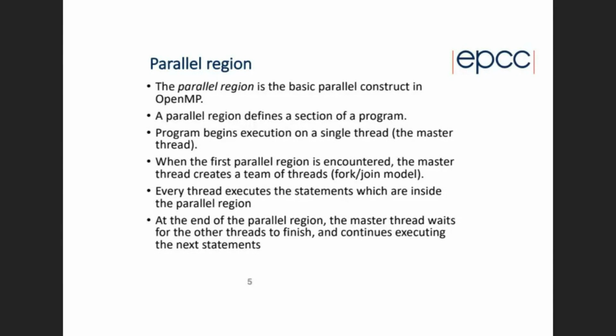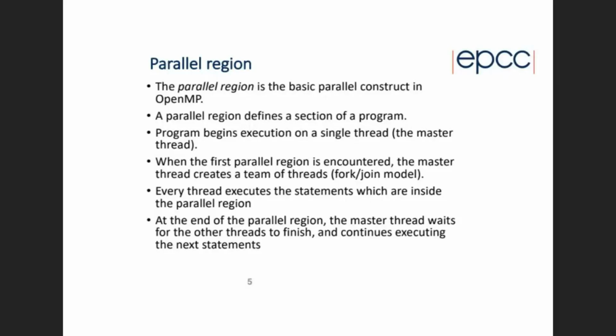Your program always begins execution on a single thread, and only when the first parallel region is encountered, at least logically, will the master thread create a team of threads. This is what's called a fork join model of parallelism. If that doesn't mean anything to you, that doesn't matter, but if you've heard it before and that makes some sense, then great.